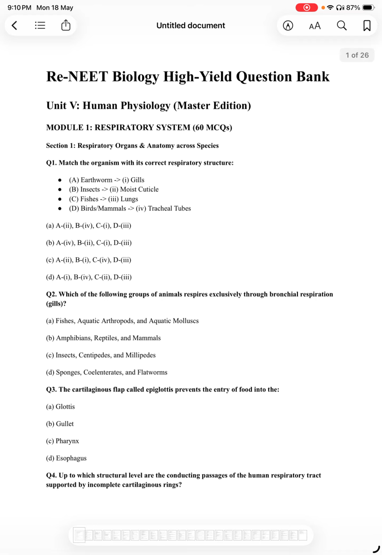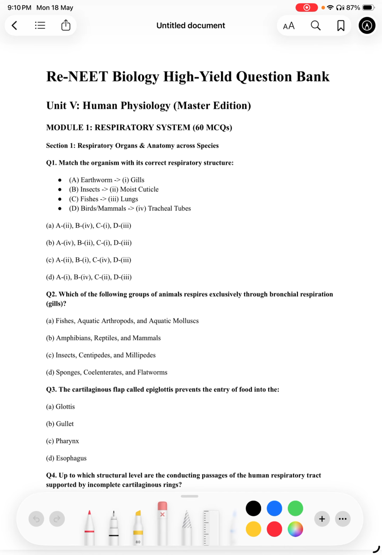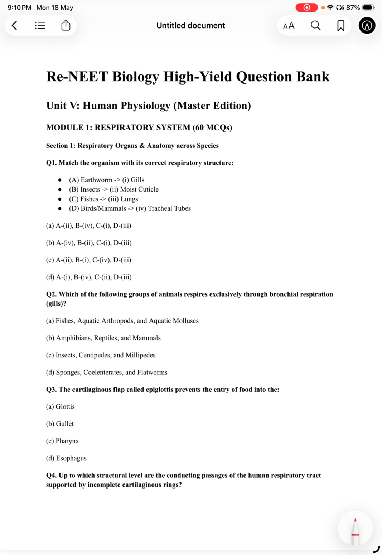Match the organism with its correct respiratory structure. Earthworm, they have given gills. Let's write it down here. Earthworm, A. Insects, B. Fishes, C. D. Mammals or birds, they're given tracheal tubes.